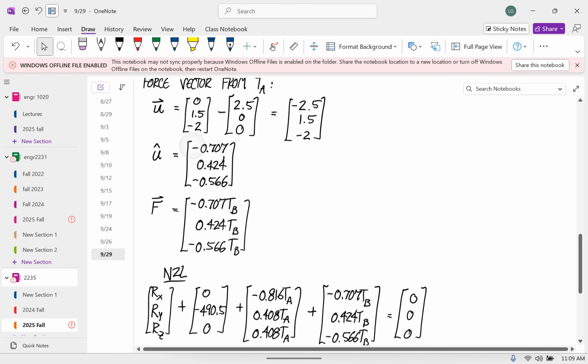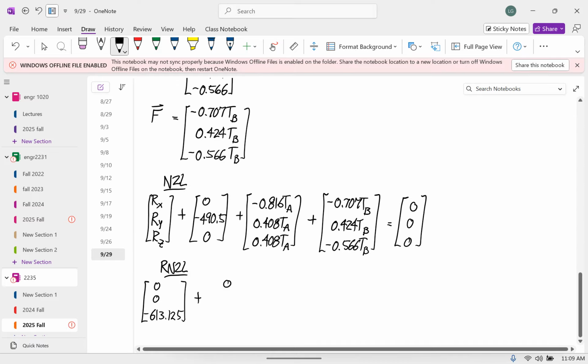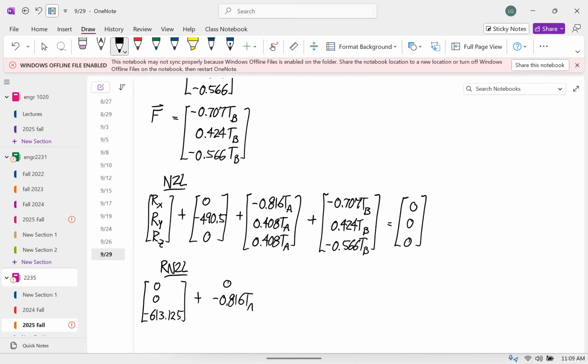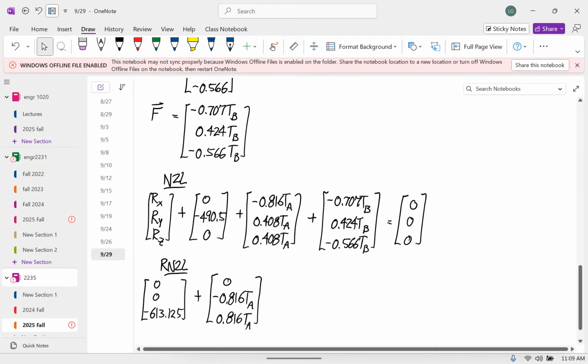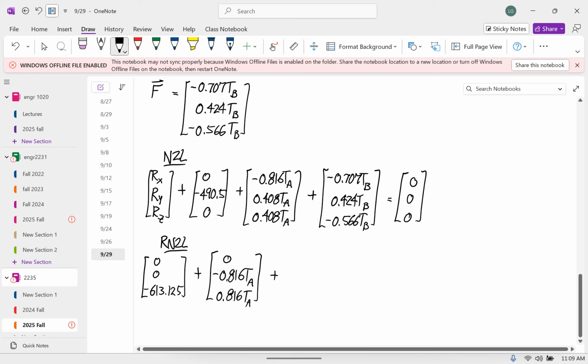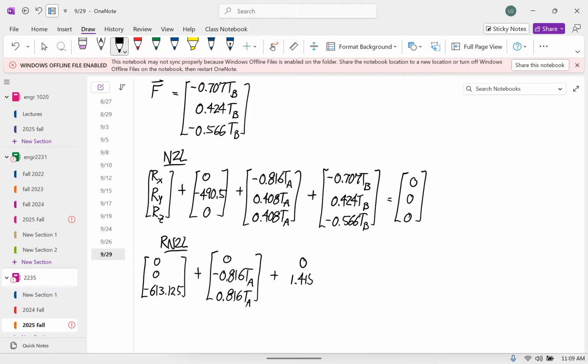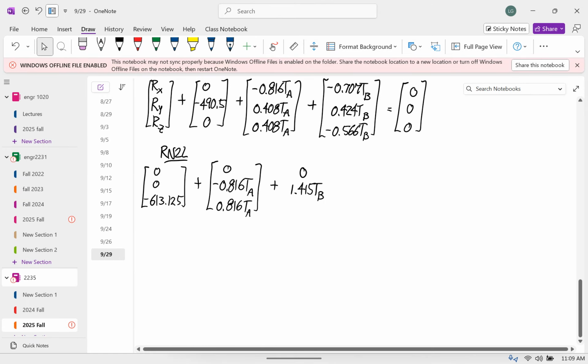Plus 0, negative 0.816 TA, positive 0.816 TA, plus 0, 1.415 TB, 1.06 TB.